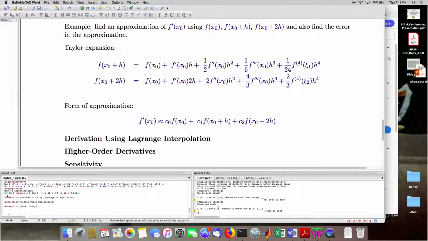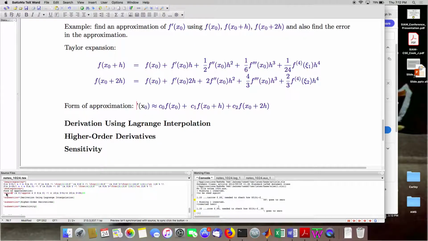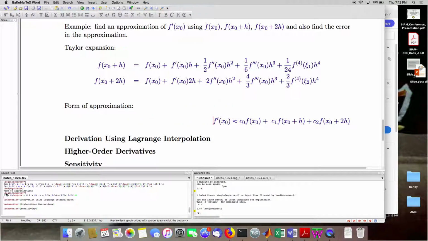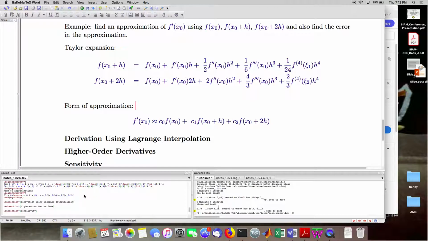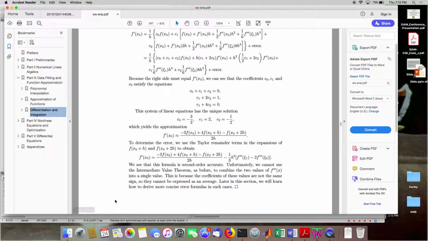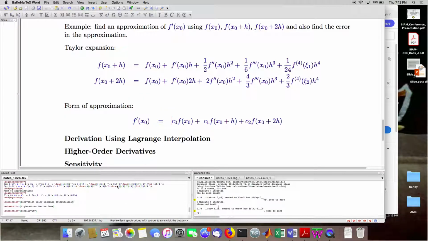So, I'm going to make this an equation array. In fact, what I'll do is, instead of being approximately equal, I'm going to say it's exactly equal plus error.